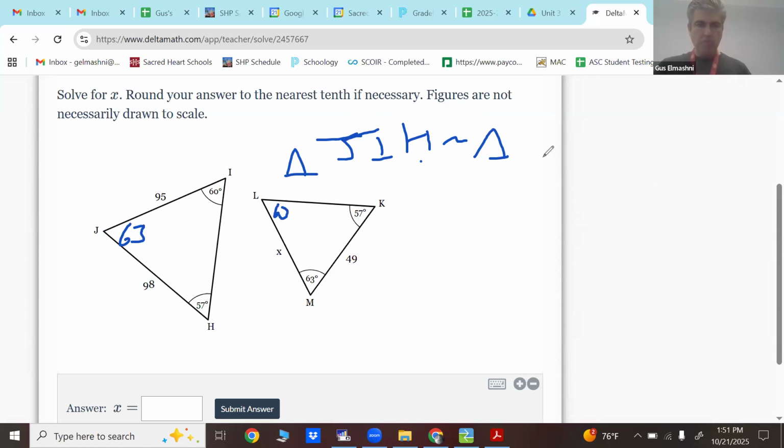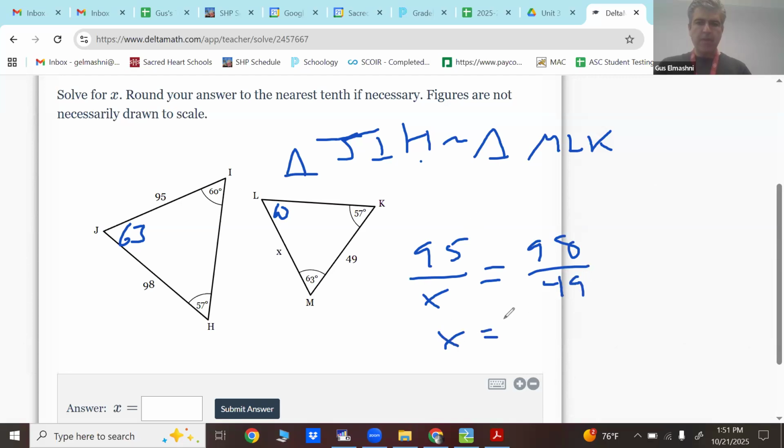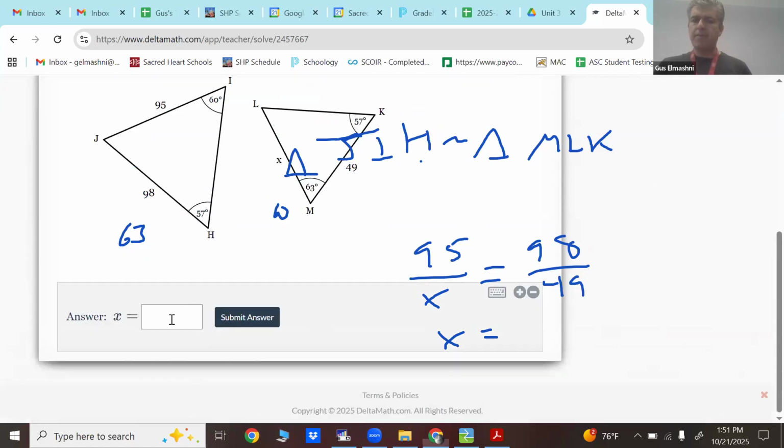Yeah, MLK. So 95 over x equals 90 over 49. Uh, 47.5 if you take half of 95.